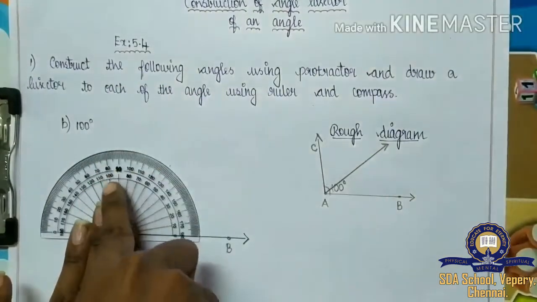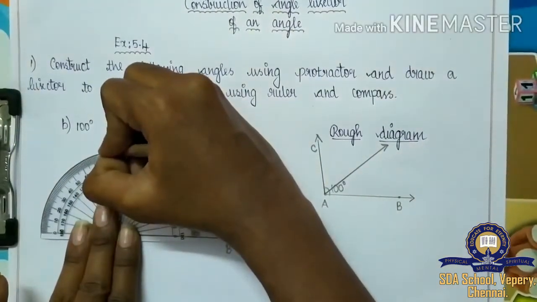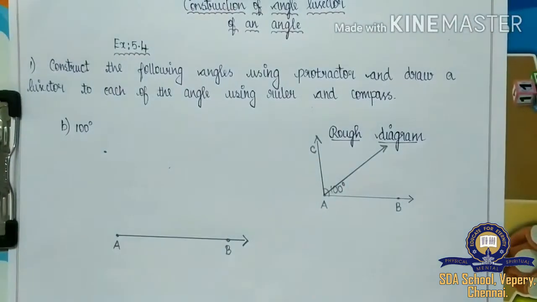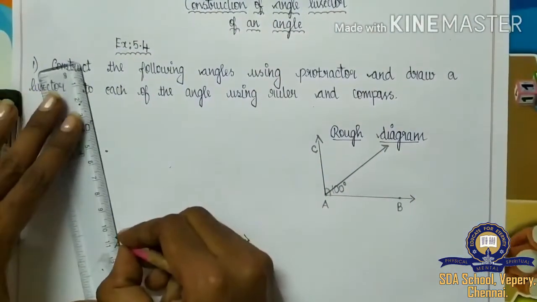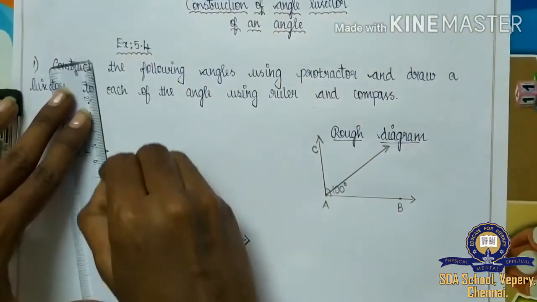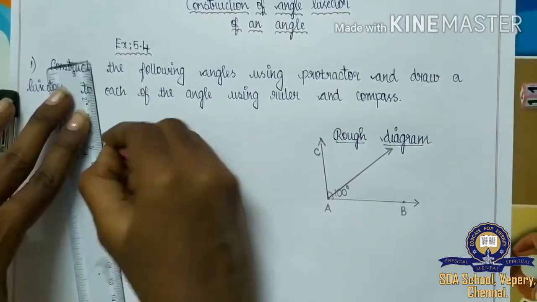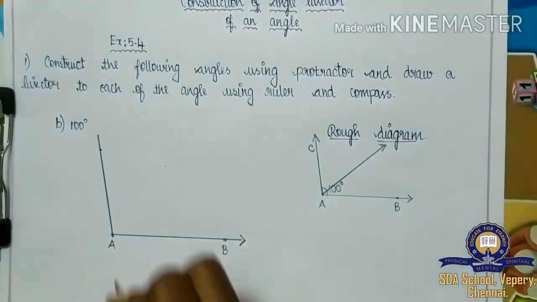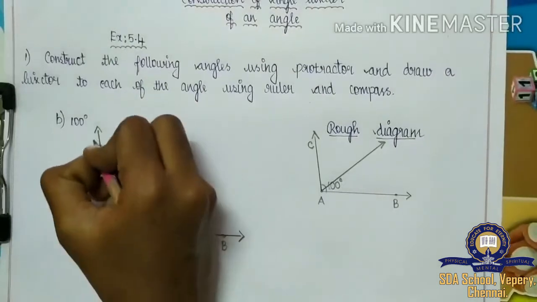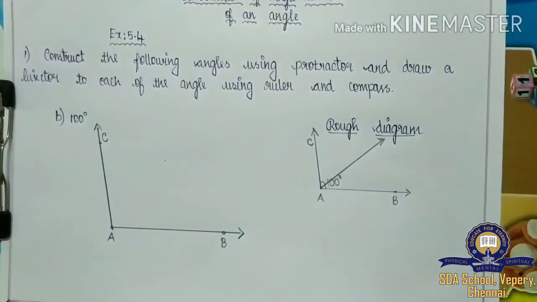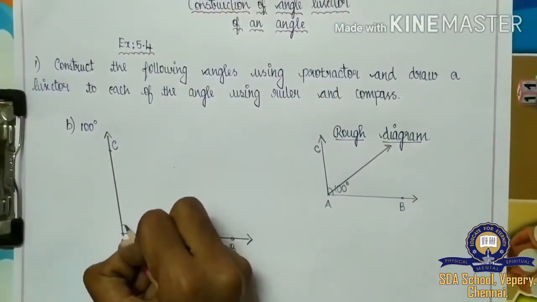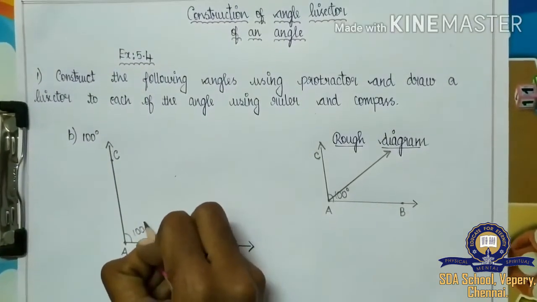So see, here is 100 degree. Now join the line with the help of a scale and name it as C. The given angle is 100 degree.